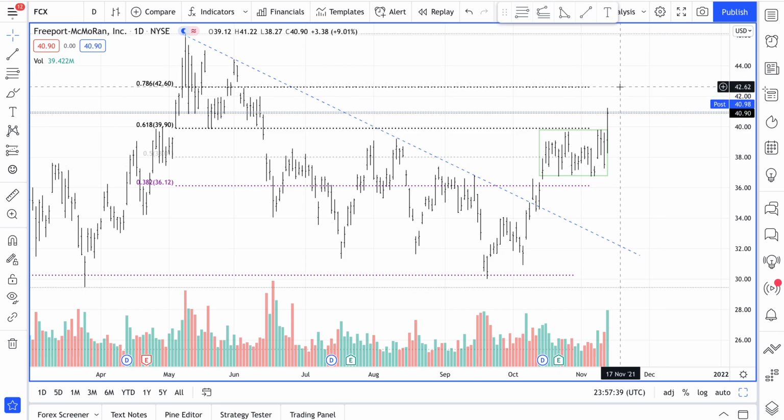The next resistance level comes around 42.60, which is the 78.6% retracement.